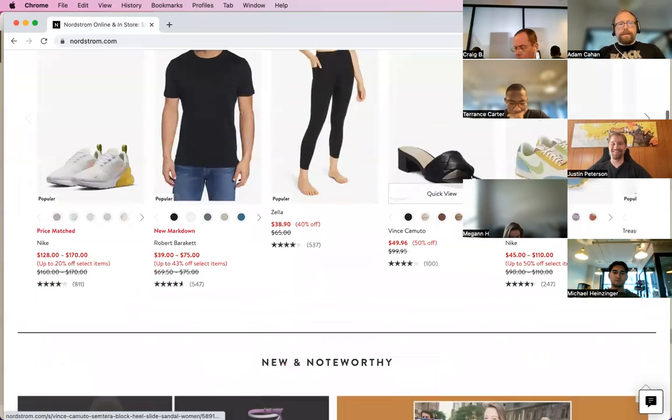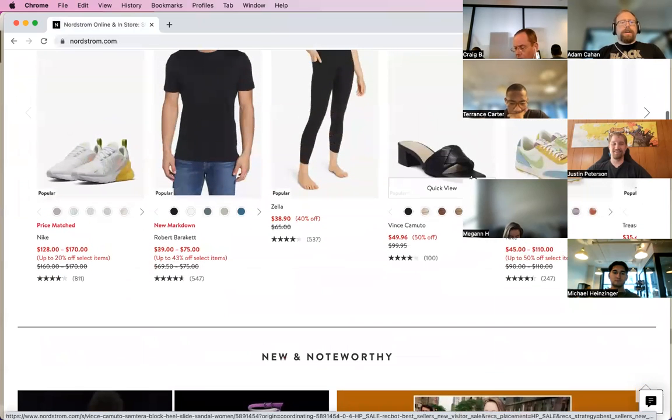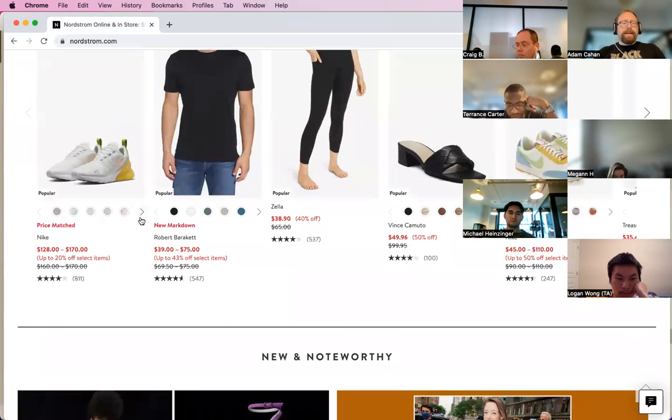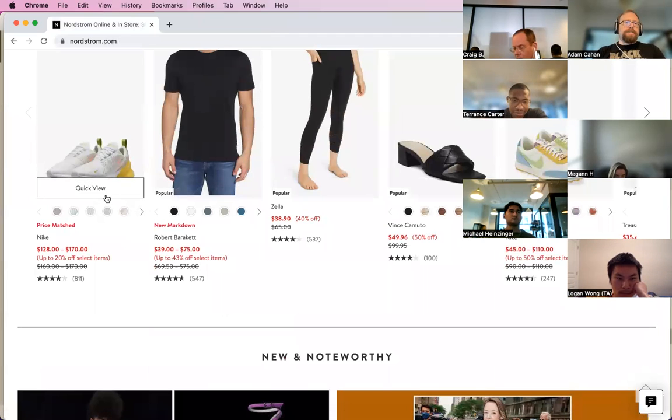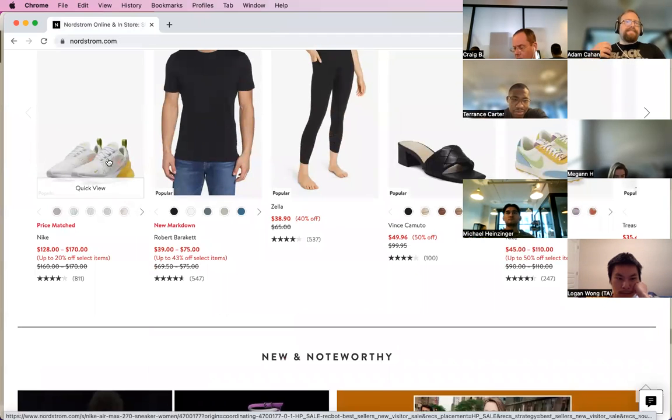So here's the Nordstrom's.com homepage. And the thing to remember is that a ton of studies show that users buy more stuff when everything is faster and smoother on the website.